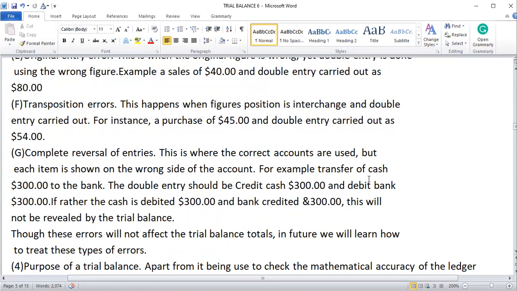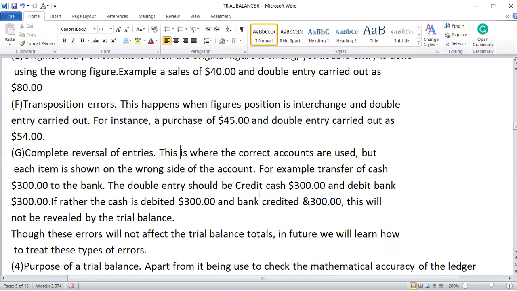For example, transfer of cash, $300 to the bank. The double entry should be credit cash, $300, and debit bank, $300. If rather the cash is debited $300 and the bank credited $300, this will not be revealed by the trial balance. So although the double entry has been carried out, it has been done wrongly.